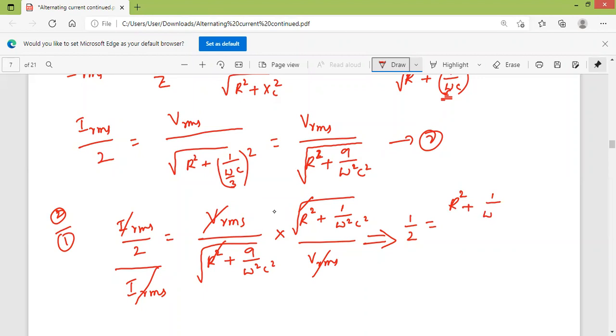You can write 1 by omega square C square as 1 by omega C whole square.